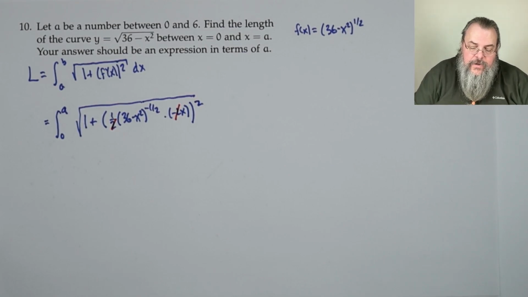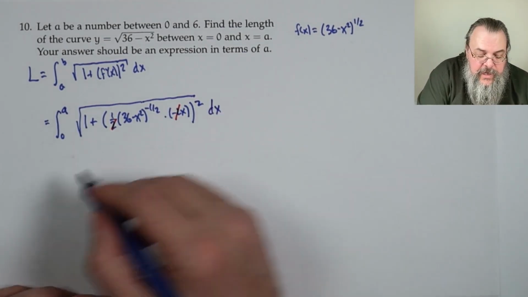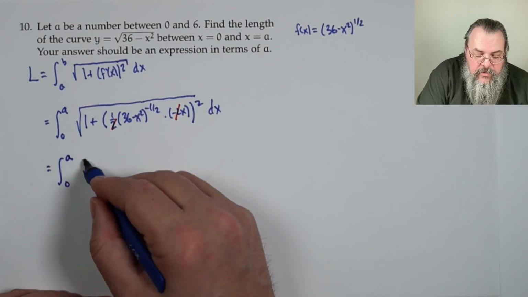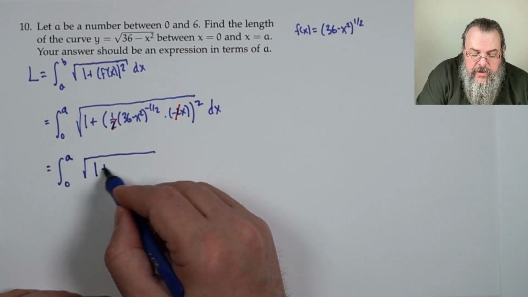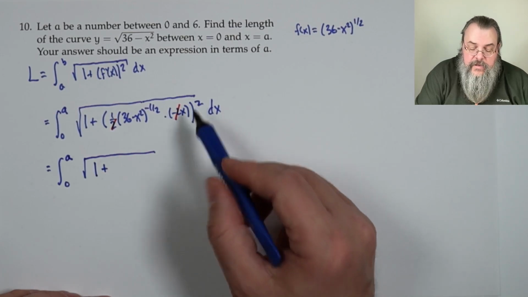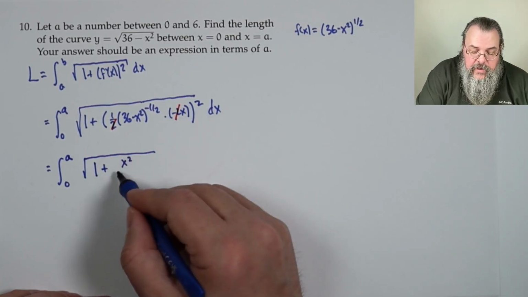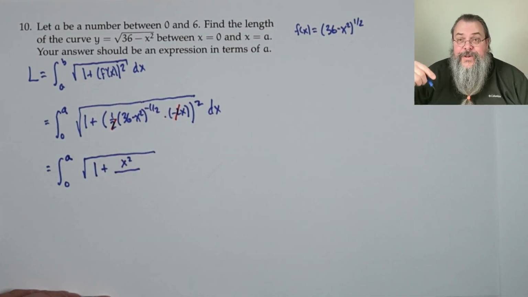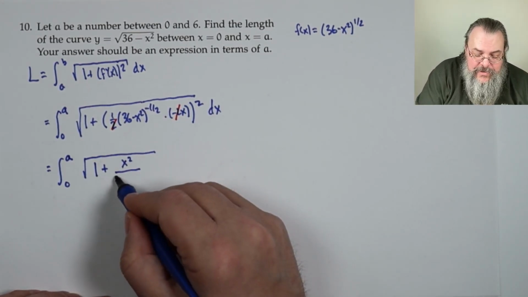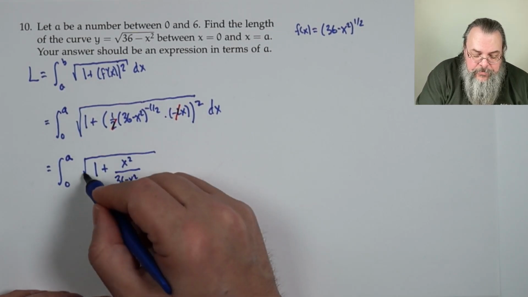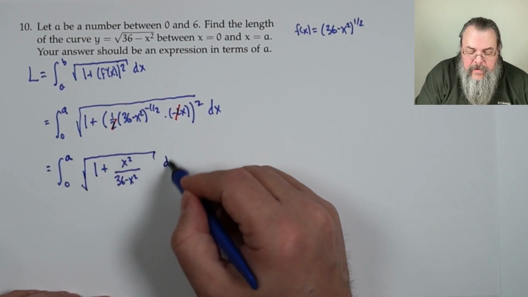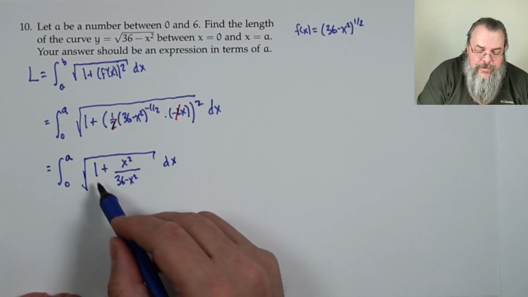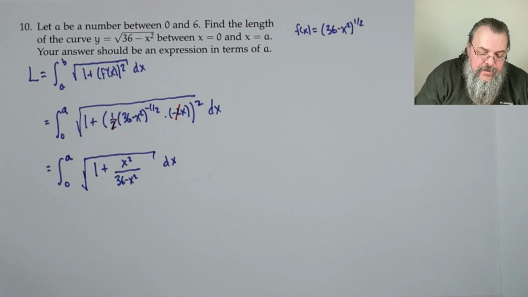And so when we square this, and don't forget your dx, so integral 0 up to a of the square root of 1 plus, the x will be on the top, so that'll be an x squared. And then this 36 minus x squared to the minus 1/2 will become 36 minus x squared to the minus 1, which means it's down here as a 36 minus x squared. Okay. Well, let's add the fraction. So common denominator means we're going to replace this 1 in the front.